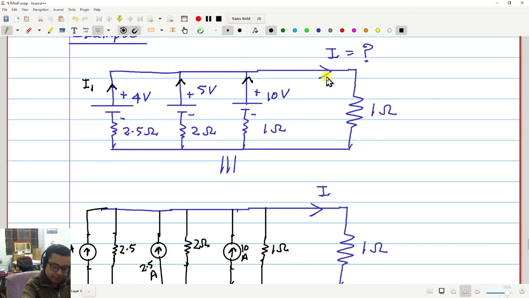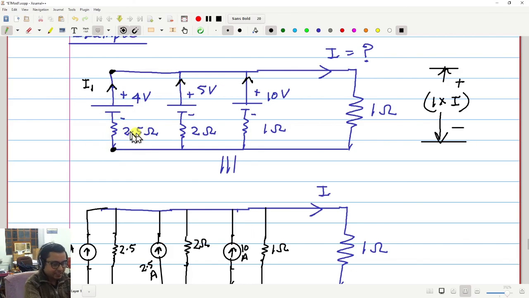In this case, what looks easier: once you know this current I, then this voltage will be 1 into I. Once you know this voltage from here to here, you subtract this voltage from here and divide by this resistance, and you will get that.